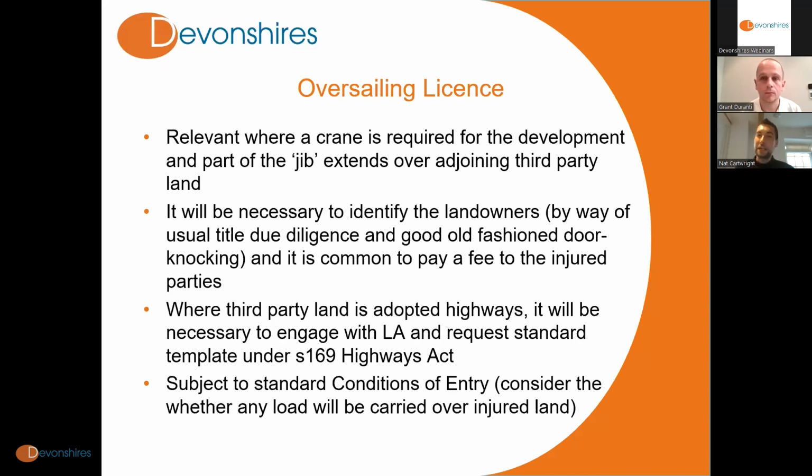That may mean that you need to take out more insurance and provide a higher indemnity. It will probably also mean that you need to prepare a more comprehensive risk assessment method statement for the licensor's approval. So that's also worth bearing in mind.